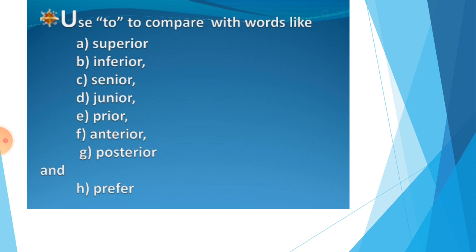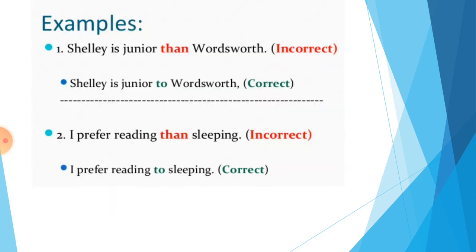I'm superior to him. I prefer this book to that. Examples, Shelley is junior than Wordsworth. That is incorrect. Shelley is junior to Wordsworth. I prefer reading than sleeping. That is incorrect. I prefer reading to sleeping.